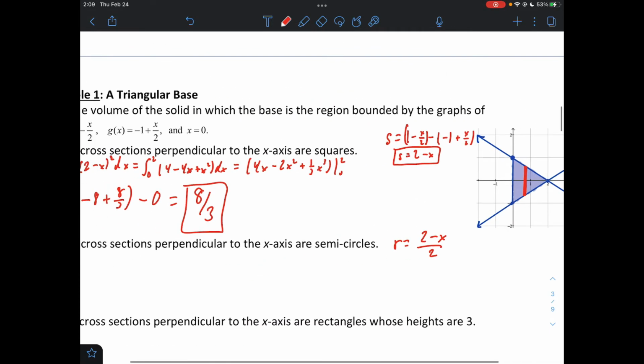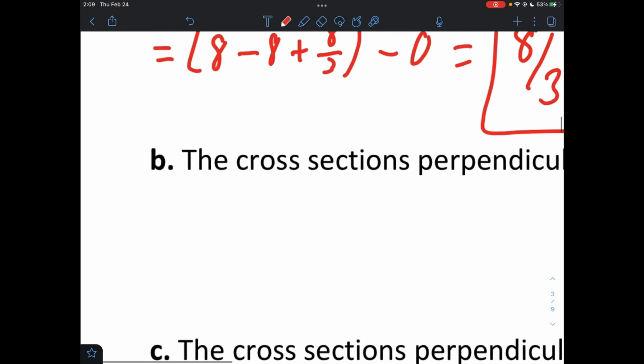All right, let's write an integral out. So volume would be pi r squared over 2. The pi over 2 can come out in front. The bounds remain the same, and we want our radius squared.